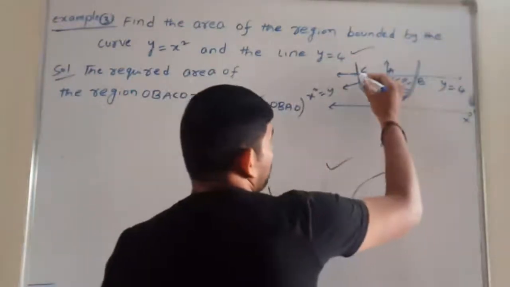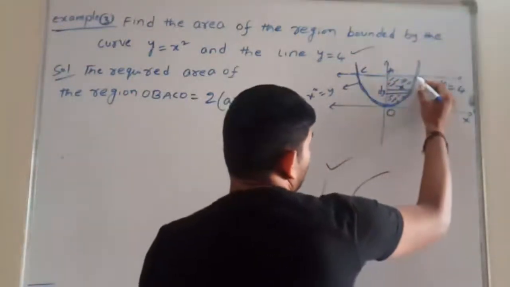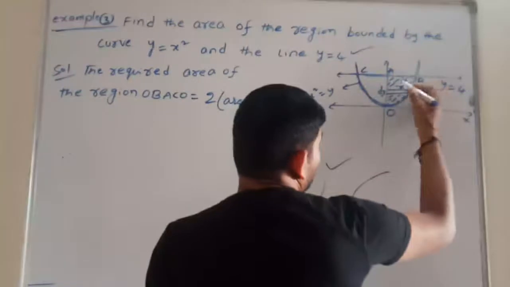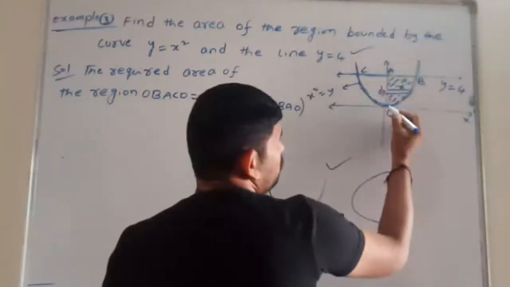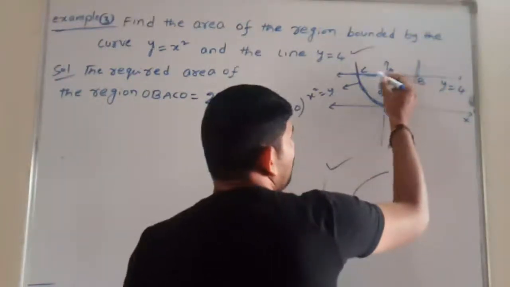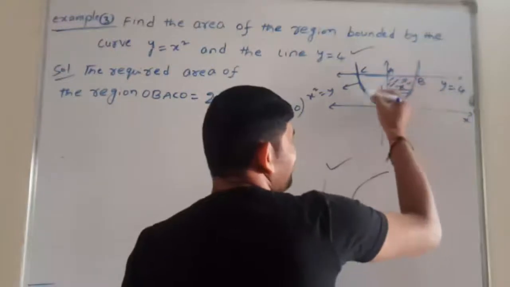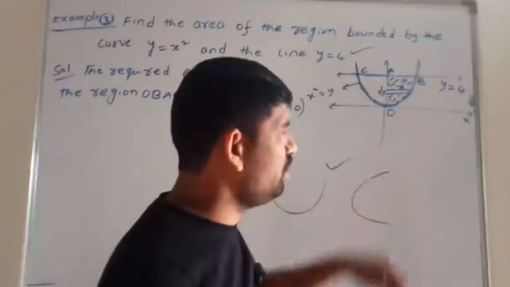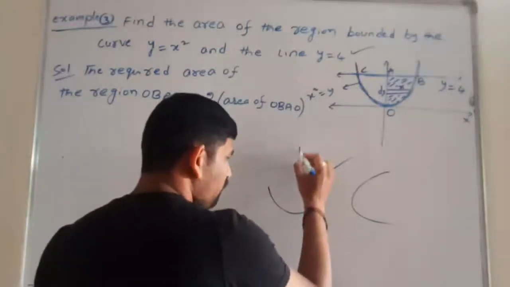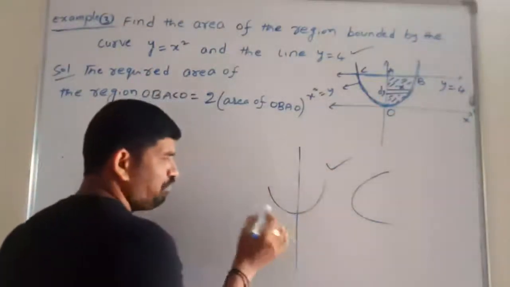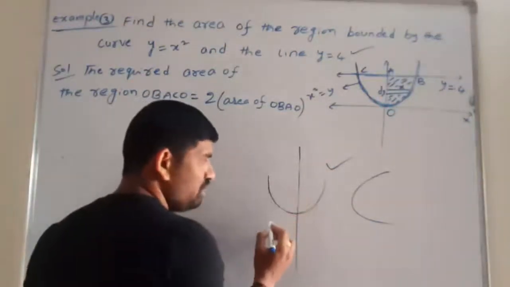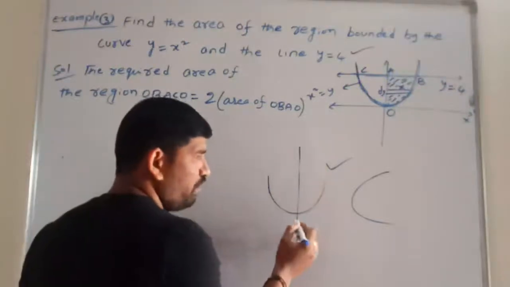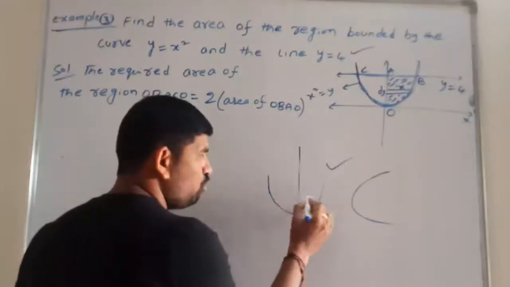See, the area which is bounded by the curve, this is the curve up to here and this is the line. Whatever part is here, we are observing O, B, A, C, O. This is the bounded region, and we have to find it. But remember one thing, if you take the y-axis like this, it splits the parabola into two equal parts.